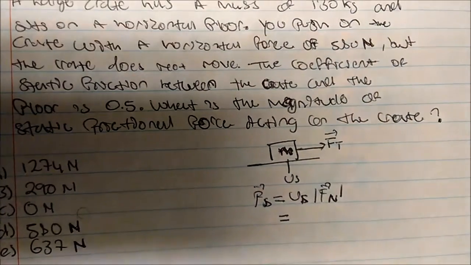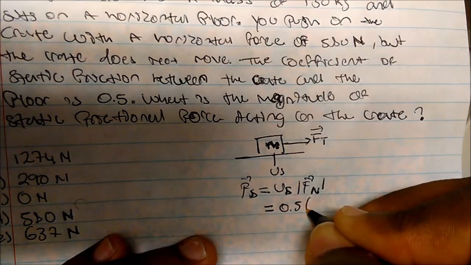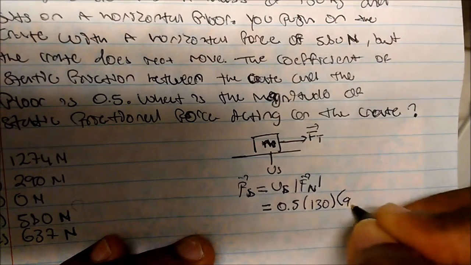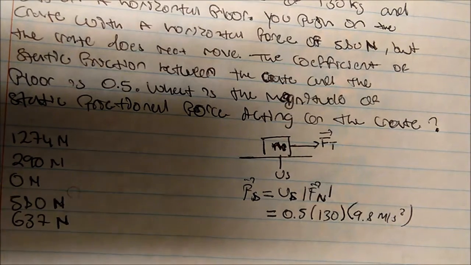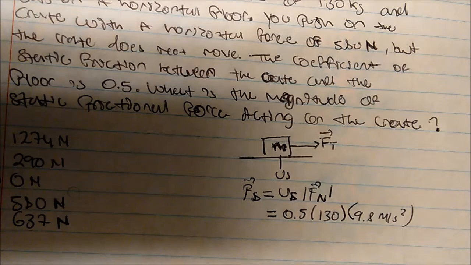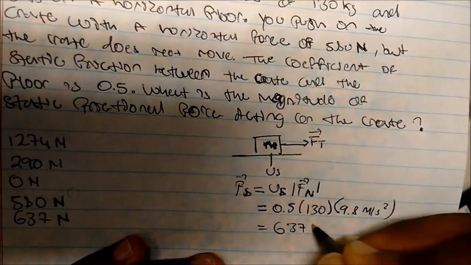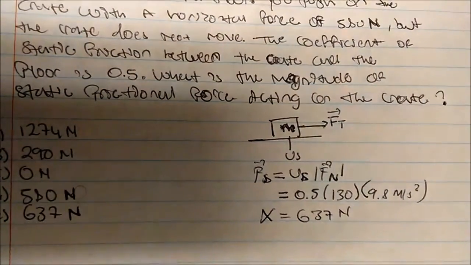So here's what a lot of people do: 0.5 times mg, where the block is 130 kilograms, times the gravitational acceleration, 9.8 meters per second squared. If we plug in 0.5 times 130 times 9.8, I get 637 newtons. Now that's one of my answer choices, but in fact this is wrong.